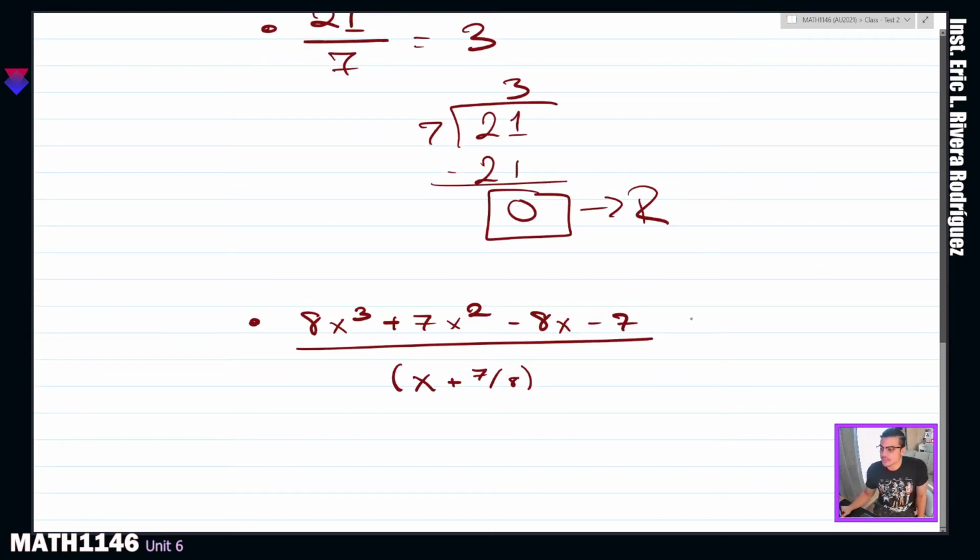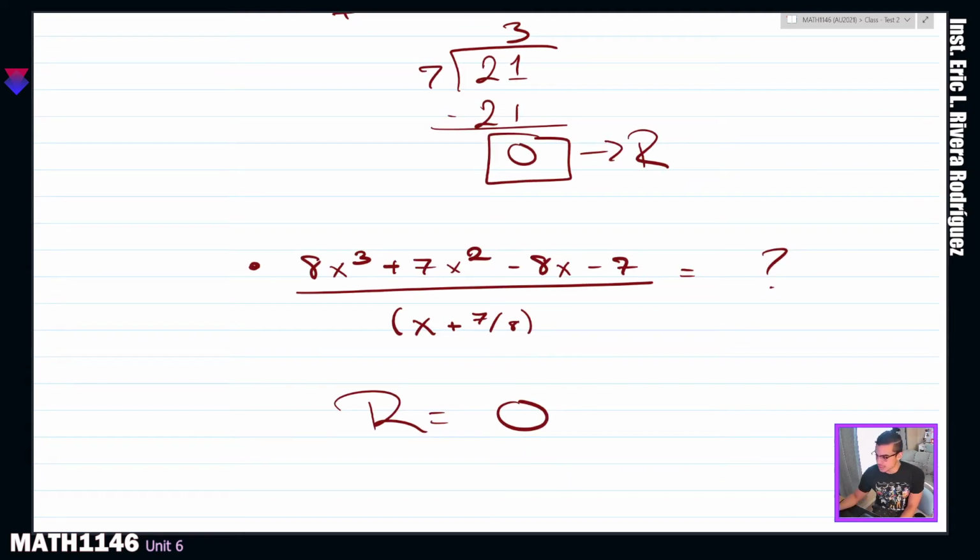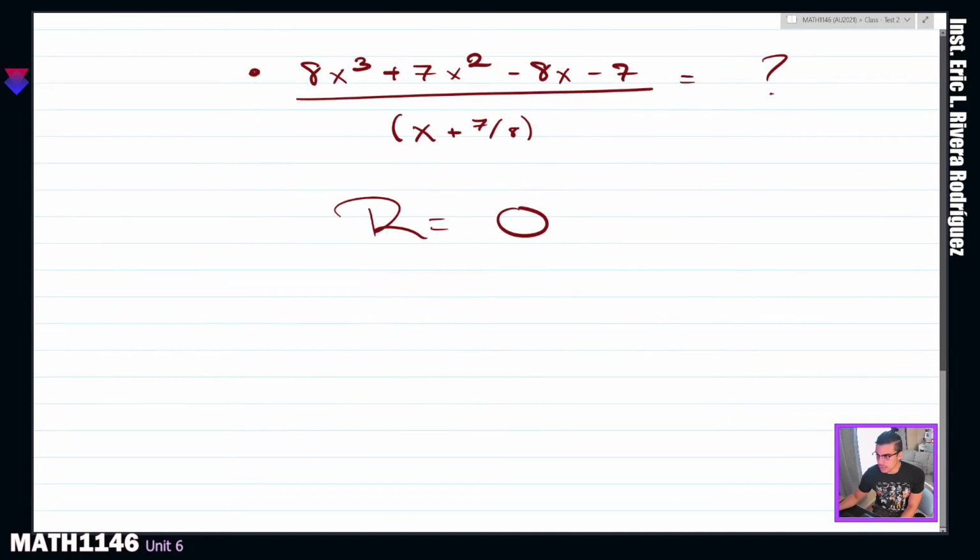All right. So right now I do not know exactly what the quotient of this division is, but I know that because x + 7/8 is a factor of the polynomial that we have in the numerator, the remainder is going to be equal to 0. Regardless of what the quotient is, I know that the remainder is going to be 0.